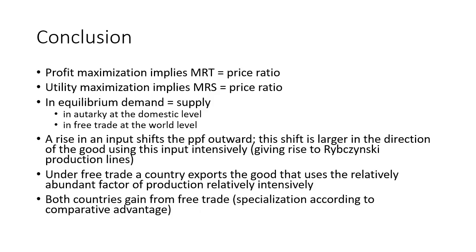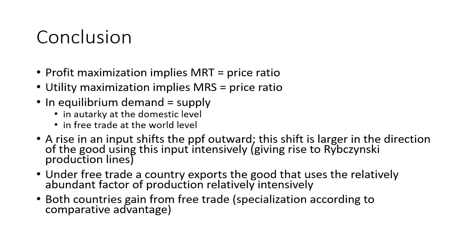What you should take back in terms of maximization is that profit maximization implies the marginal rate of transformation is the same as the price ratio. Utility maximization implies that the marginal rate of substitution is the same as the price ratio. In equilibrium, demand always meets supply, or they are equal. That occurs both in autarky and under free trade.